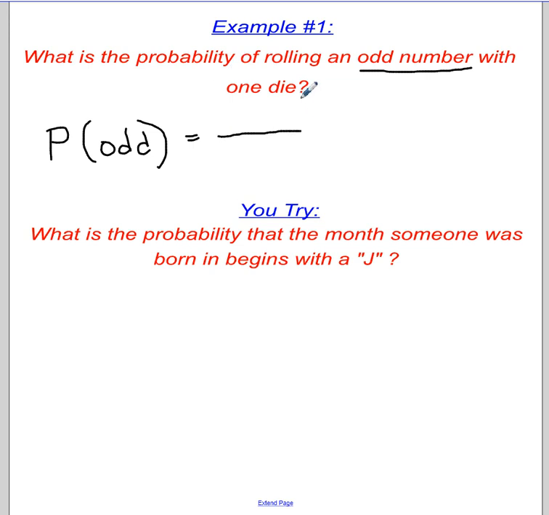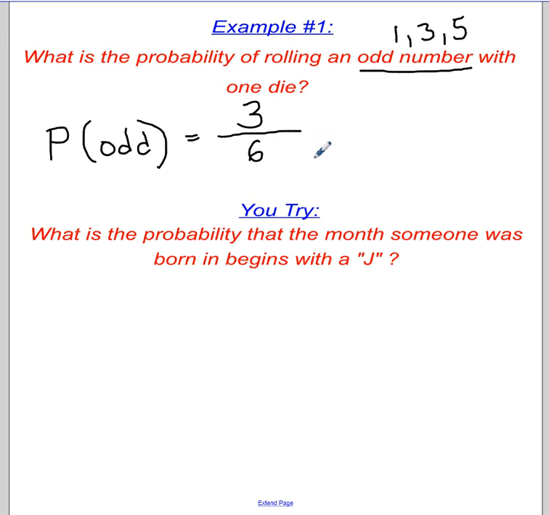So number of favorable outcomes, rolling an odd number. How many odd numbers are there? When I roll a die, I could roll a 1, a 3, or a 5, right? So that means I have 3 favorable outcomes. How many possible outcomes are there? We just said in the previous example, there's 6 possible outcomes in my sample space when I roll a die.